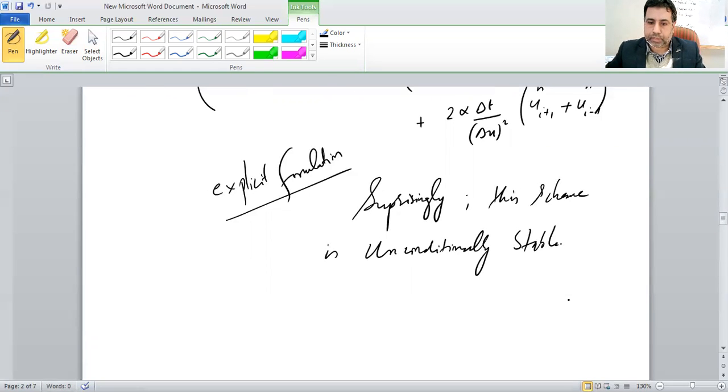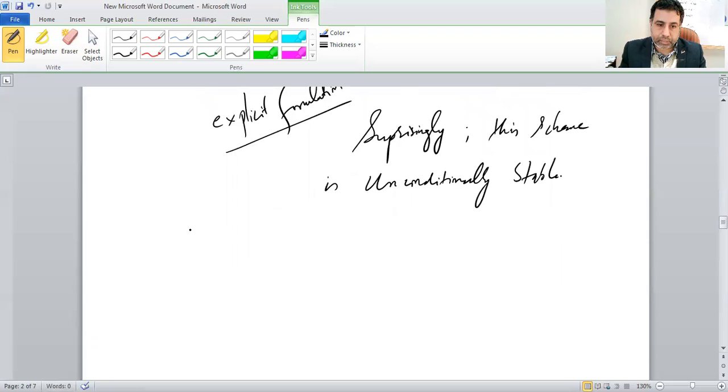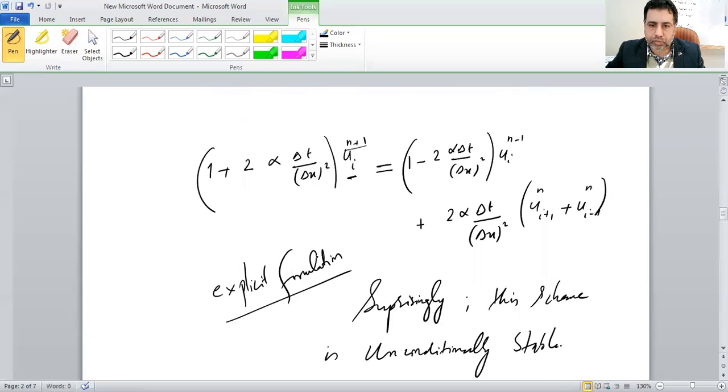But what is the cost? What do you need to pay? So what is the issue? If you look at the computational stencil, you would realize that now you need two sets of values to feed into the formulation to get the solution at the new time step. You need solution information at time level n plus 1 as well as time level n.